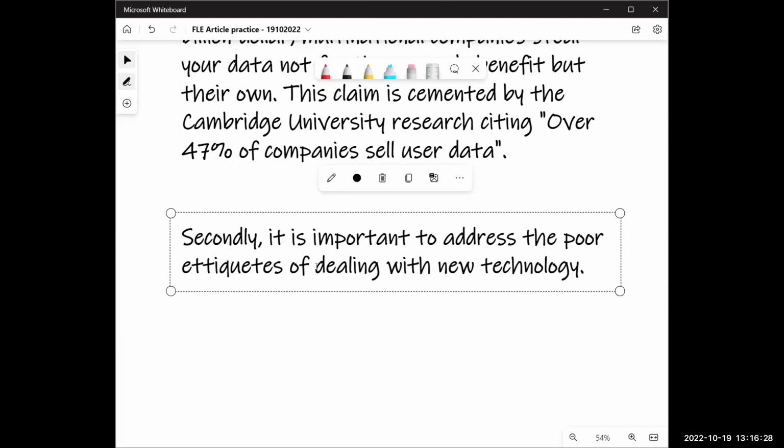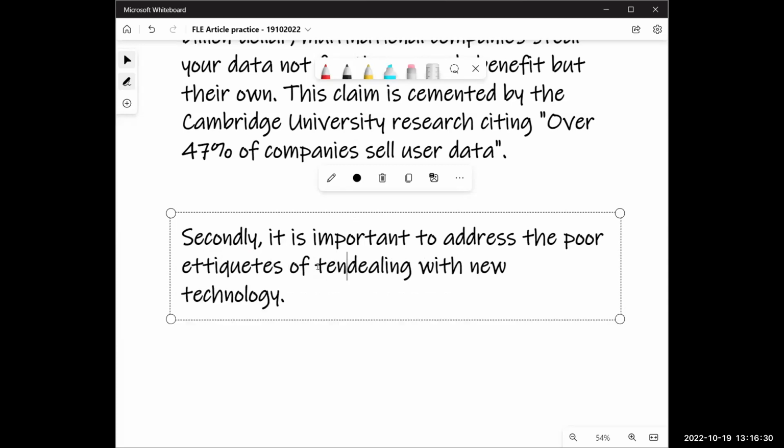Address the poor etiquettes of teenagers keeping up with new technology.